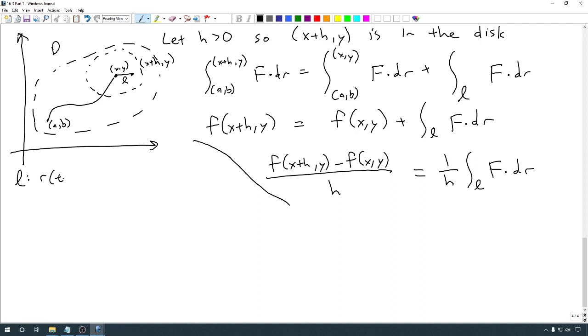So we're going to give this by a vector valued function r of t. The y values are always going to stay the same, so this is always going to have a y j in it. The x component is going to change. It's going to change from x to x plus h. I'm going to do that by just doing x plus t, where t is going to go from 0 to h.